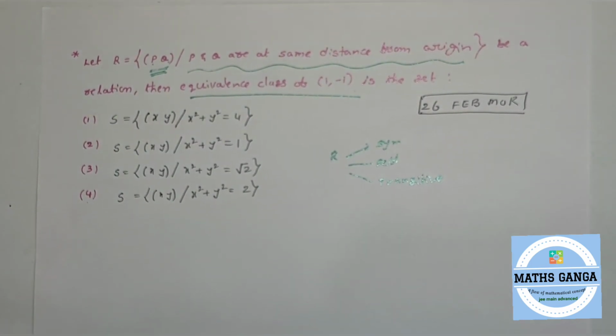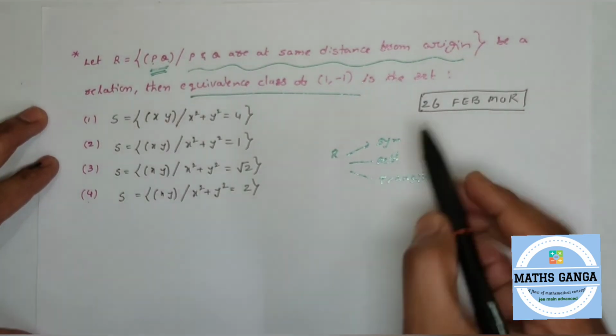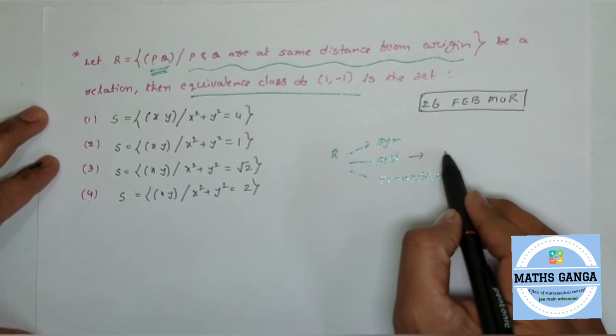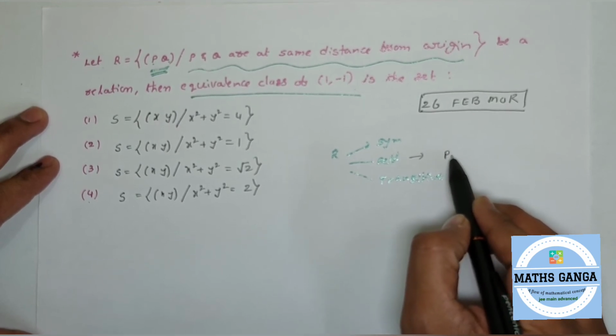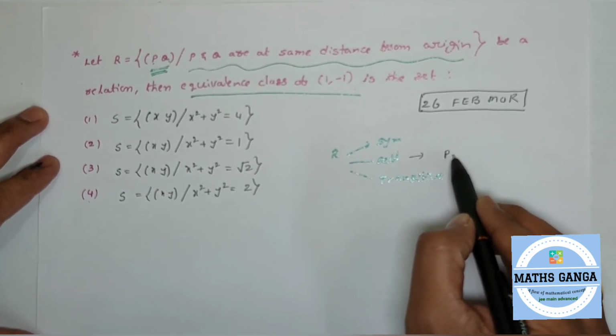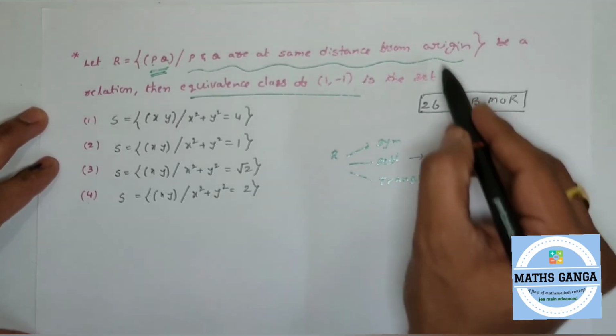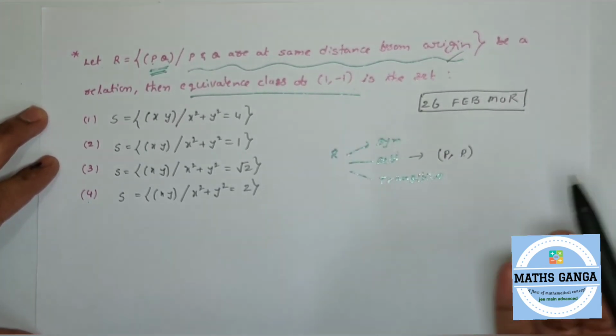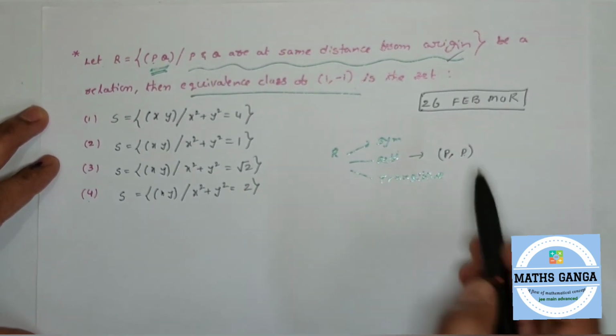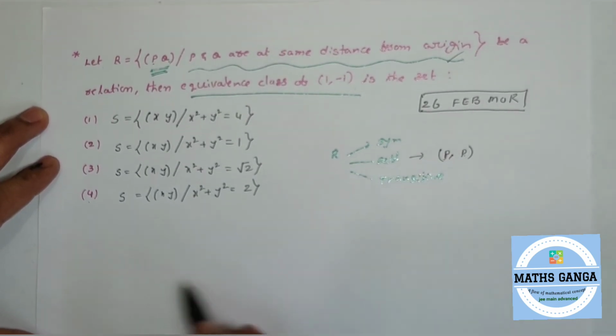Clearly, if you check, all three are acceptable for R, though the question is not asking us to check that. R is reflexive. Why? Because if you take a point P, P comma P is in the relation, because P and P are at the same distance from the origin. If the point is the same, the distance is the same.